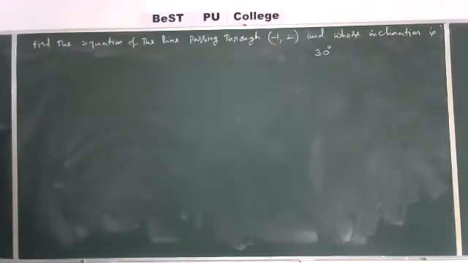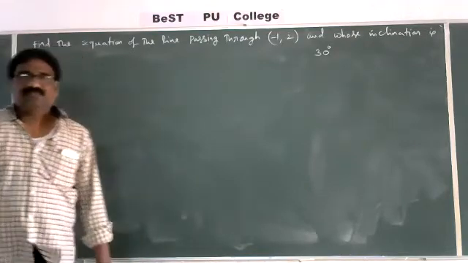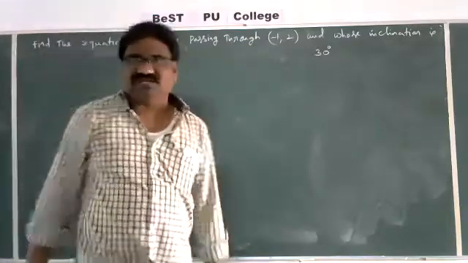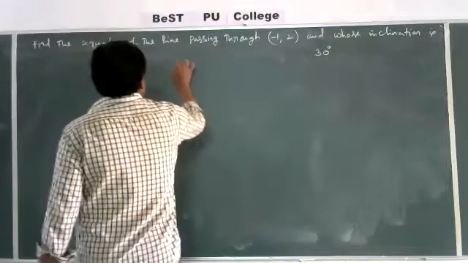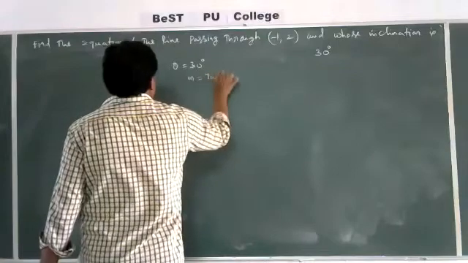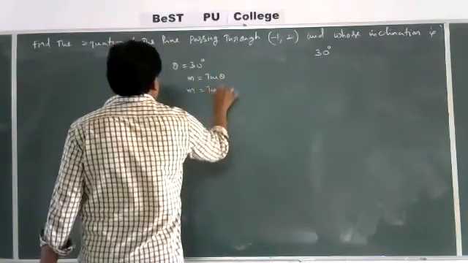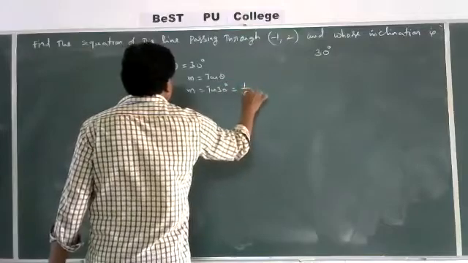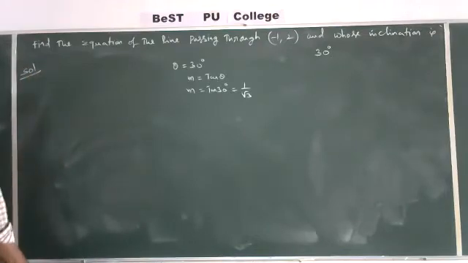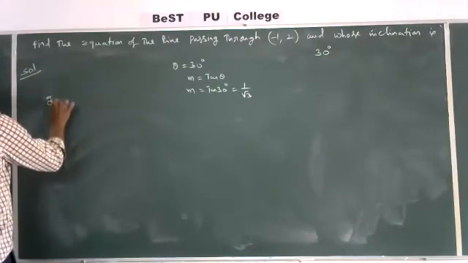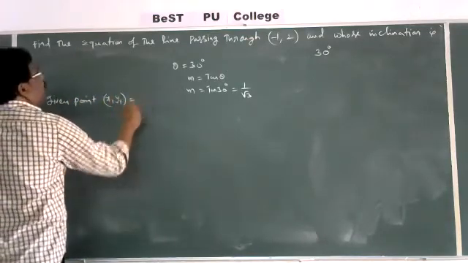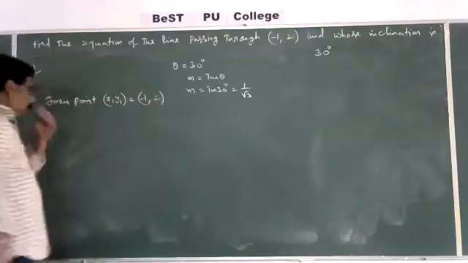Here the slope is not directly given, the inclination is given. By using the inclination you find the slope of the line. You know the inclination theta is equal to 30 degrees. You find the slope m is equal to tan theta, that is m is equal to tan 30 degrees, which is equal to 1 by root 3. So write the solution. Given point x1, y1 is equal to (-1, 2).